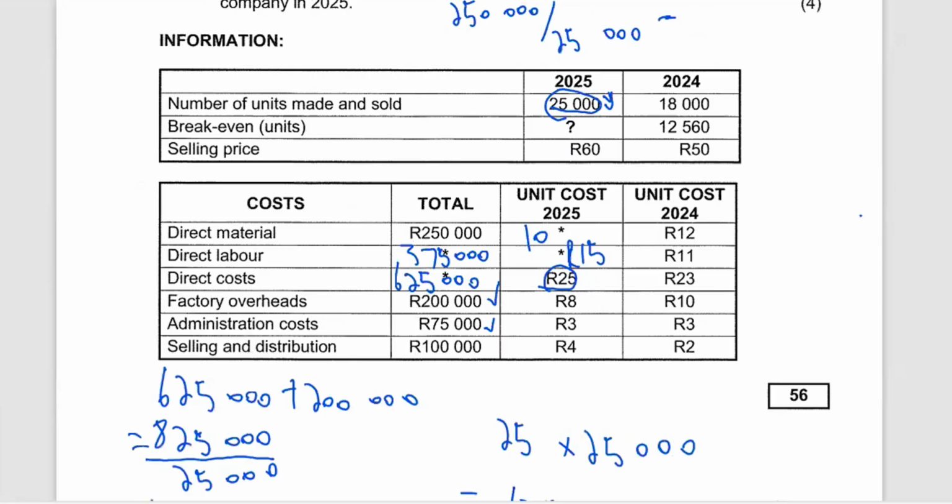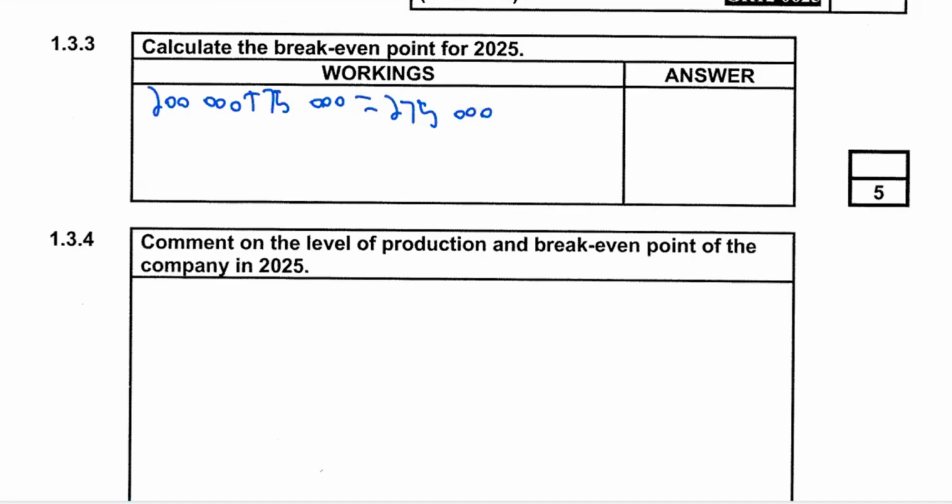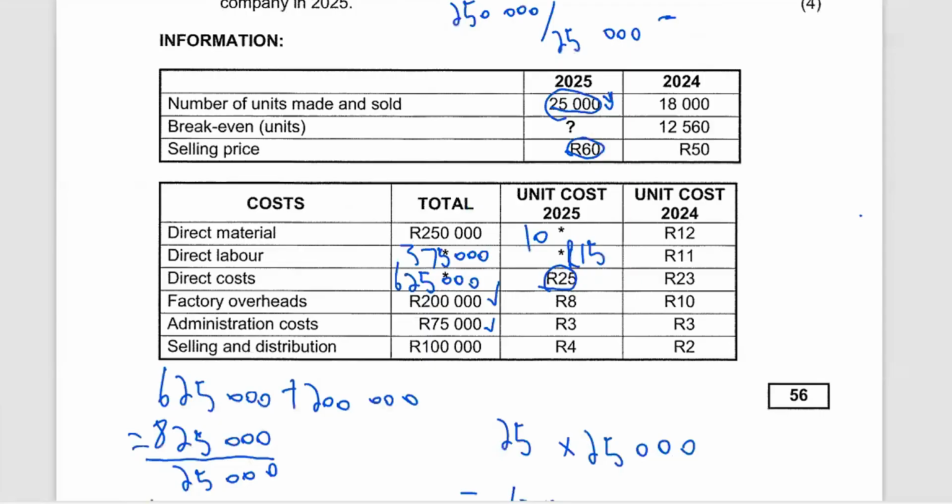Then now, how much is our selling price per unit? Our selling price per unit is 60 rand. So divided by 60, then minus our variable cost per unit. Our variable cost per unit, we have our direct cost, which is 25 rand, then we have to add also our selling and distribution, 4.